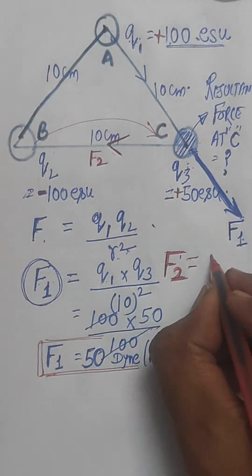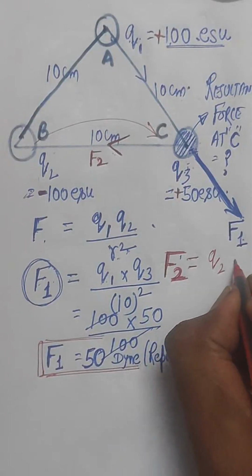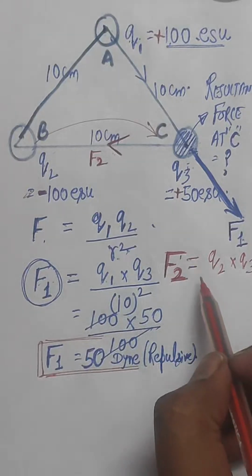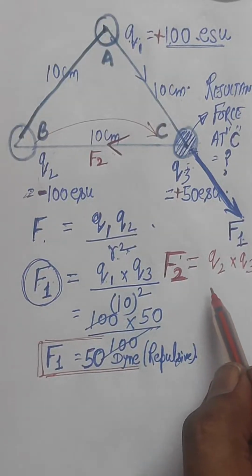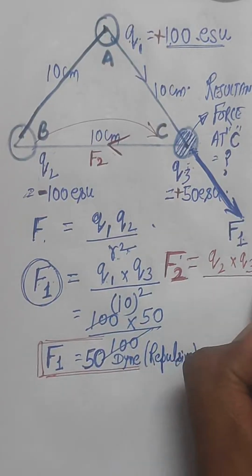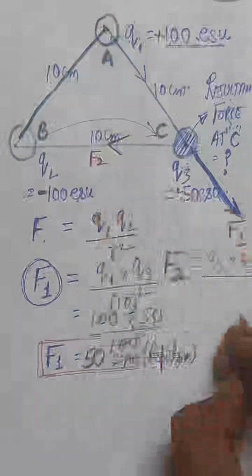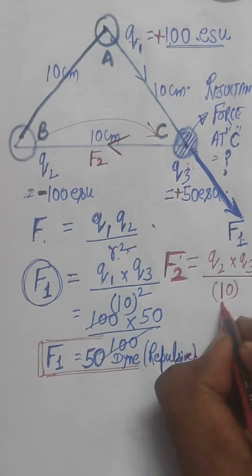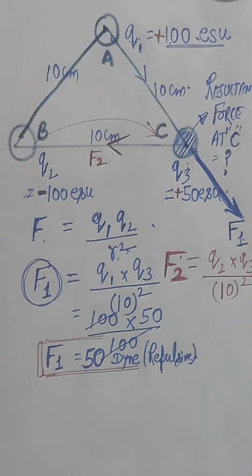F2 is Q2 Q3 times 1 by 4 pi epsilon 0. I am not writing it over here, that is a constant, okay? Q2 Q3 by R square, that is 10 square, right?